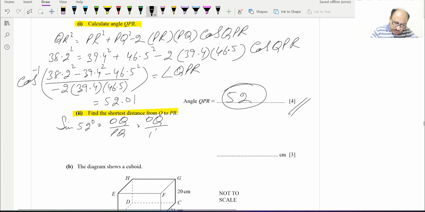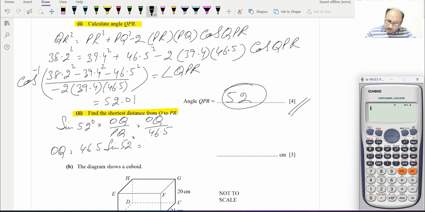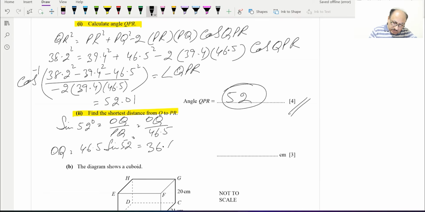So OQ will be equal to 46.5 into sine of 52 degrees, and this is giving us 36.64. So 36.64 will be the shortest distance for 3 marks, which is done.